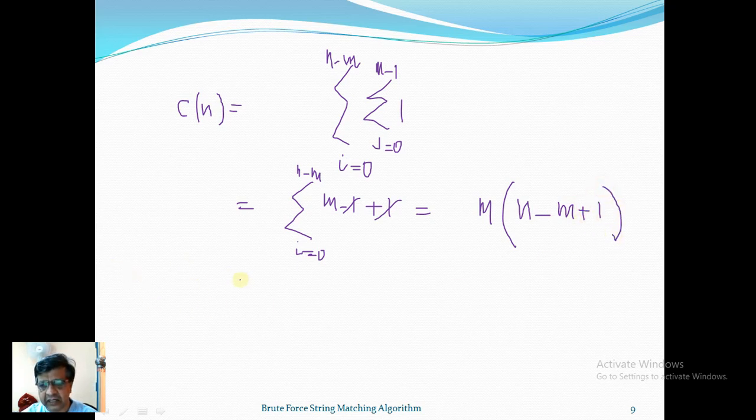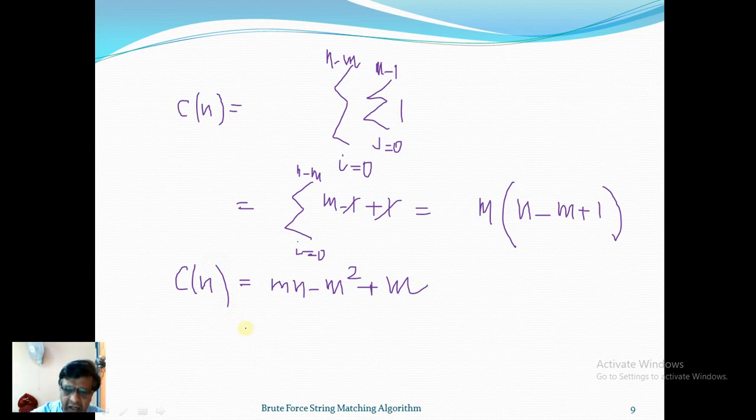If you expand this, it is mn minus m square plus m. Therefore the higher order term is mn. You cannot afford to forget either the length of the pattern or the length of the text. Therefore it belongs to big theta of mn, a quasi-quadratic complexity.